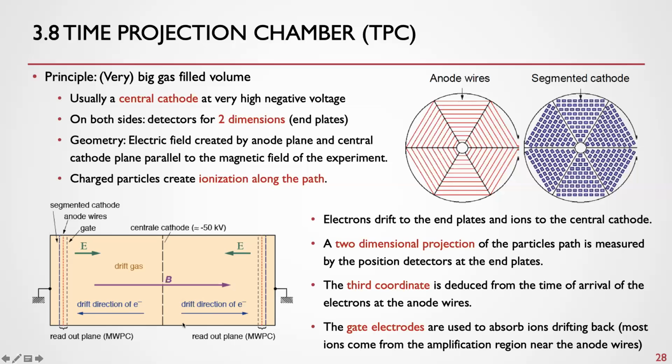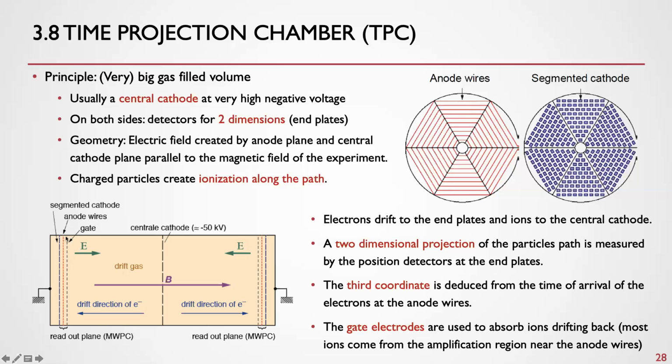It should be ionized, but it should not be populated with amplification ions, because those could recombine with the electrons that go the other way.